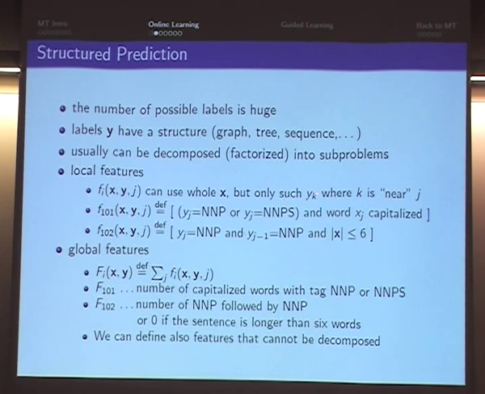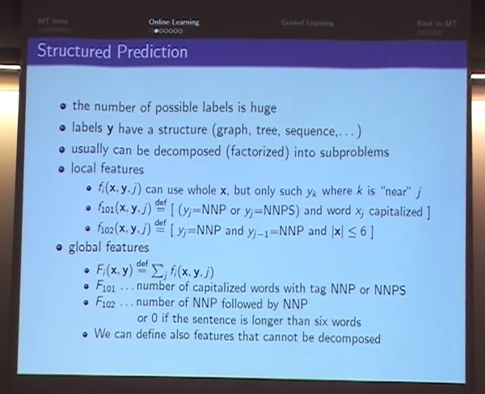Usually we only look into the history, and in a first order Markov model we are allowed only to look at the nearest previous label. In second order at the two previous labels, and so on. And this allows us to use efficient algorithms for decoding and also for training, like Viterbi decoding and forward, backward, and so on.